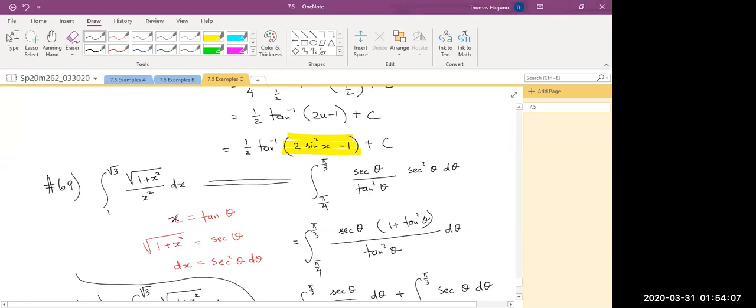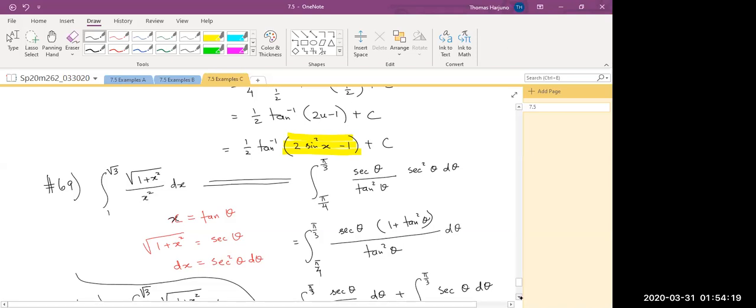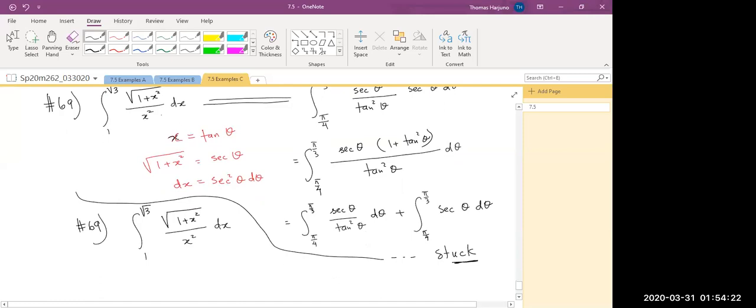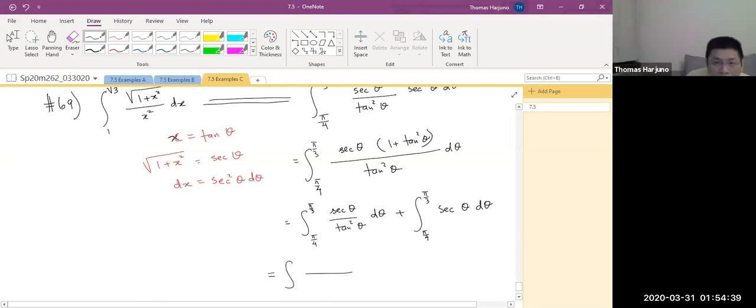I think towards the bottom, when we separated the integral of secant theta over tangent squared theta, I believe that simplifies to cosine theta over sine squared theta. And if you use sine theta as your u, then your du is cosine theta d theta, and so you have 1 over u squared.